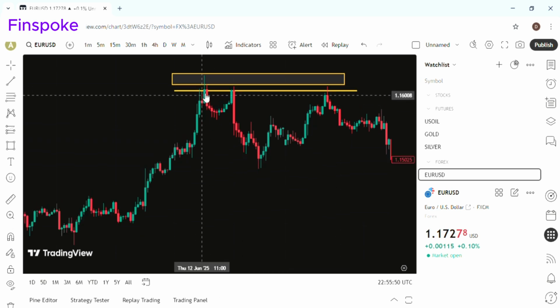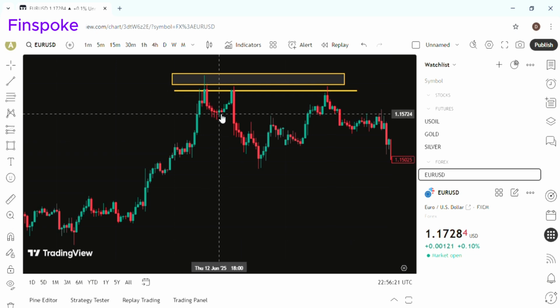What this implies is that the buyers could no longer push the price up. They couldn't push the price above this level. They couldn't push through. Then the price swung down.